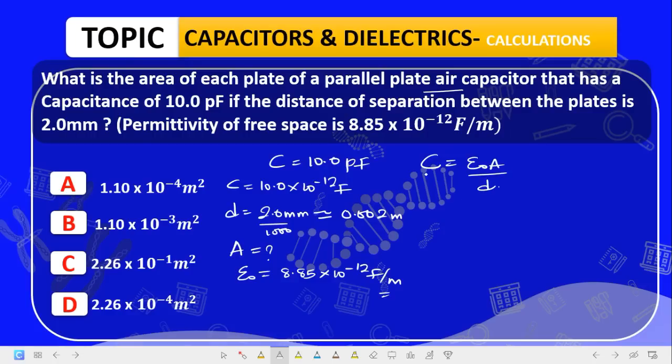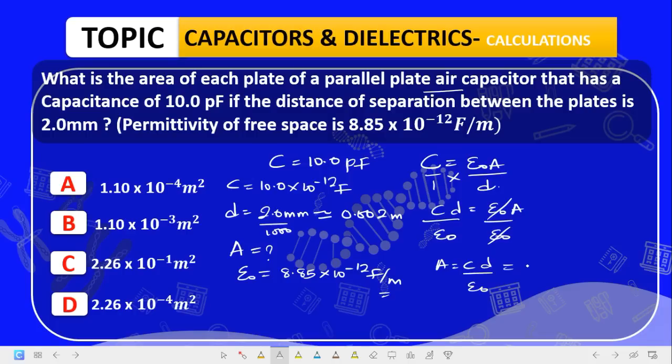Now we are asked to find A. So at this point we can cross multiply to make A the subject of the formula. So this becomes C d equals epsilon naught A. And then to find A, divide both sides by epsilon naught. So this becomes C d all over epsilon naught.